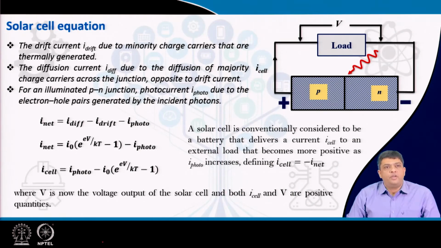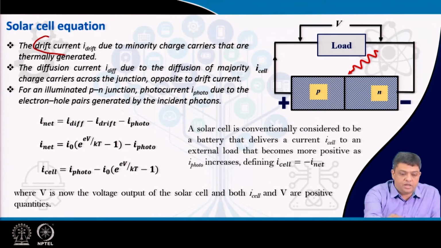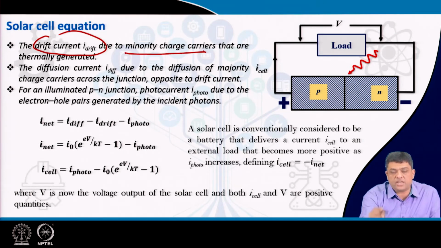So, when we were discussing the formation of a p-n junction, we talked about two concepts: the formation of the drift current and the origin of diffusion current. Drift current is associated with minority charge carriers, whereas diffusion current is associated with majority charge carriers.